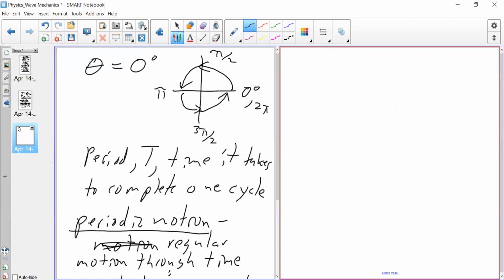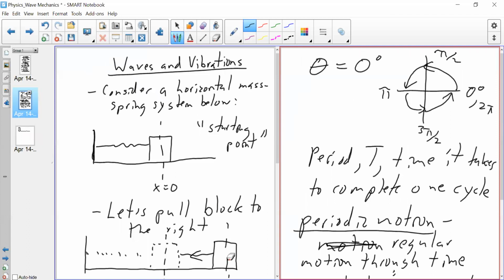So let's go to the next picture of this mass spring system, right? So now we were at A, and now we're going to come back. What I mean here is that this was at A, or 0 degrees. And then at the middle, it's going to come back at pi over 2.